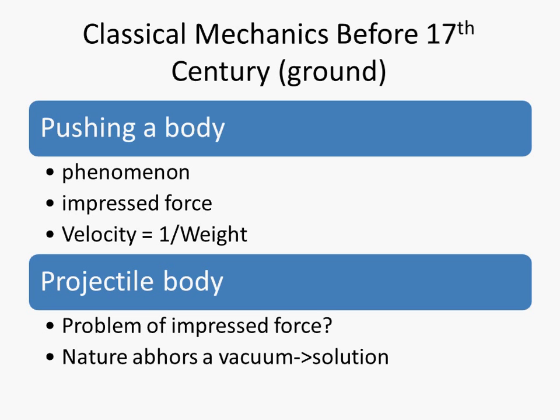Then, because nature abhors a vacuum, the air fills in that vacuum, and the air touches the stone, and in the end the stone will fly. Why it flies is because the air gives the stone the force.